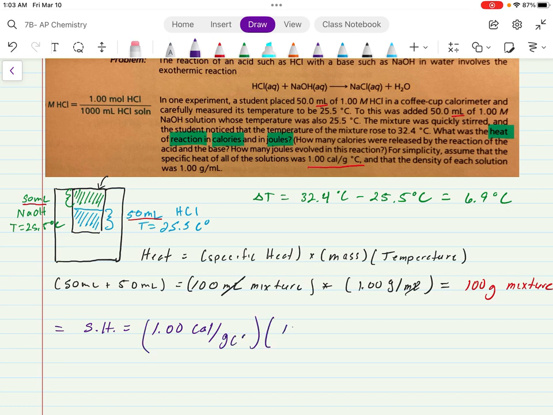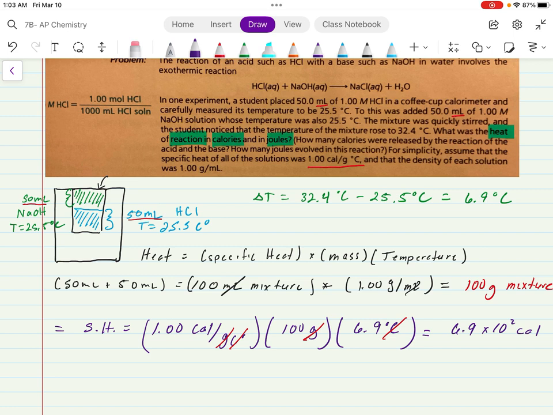If I multiply that by 100 grams, which is my mass, and I multiply that by the change in temperature, which is 6.9 degrees Celsius, here's what happens. I'm going to multiply these together. My grams cancel here. My Celsius cancel here. And if I multiply all these numbers together, I'm going to end up with 6.9 times 10 to the second calories, because all my other units canceled.